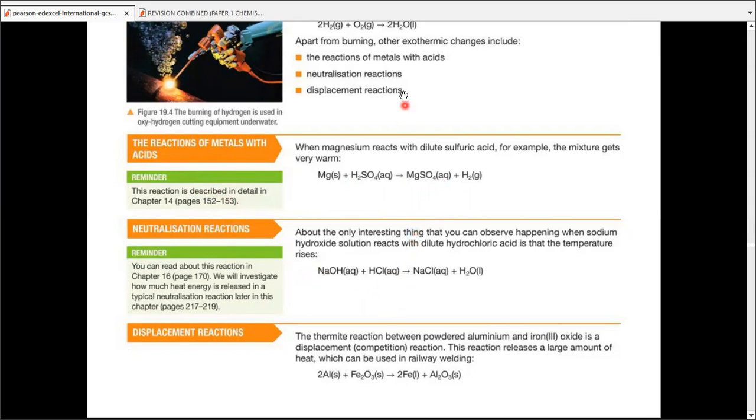Neutralization reaction: an alkali, as I just said, reacts with an acid and produces salt and water. It's an exothermic reaction since the temperature of this reaction rises. And we even performed an experiment about it in the said chapter, right?